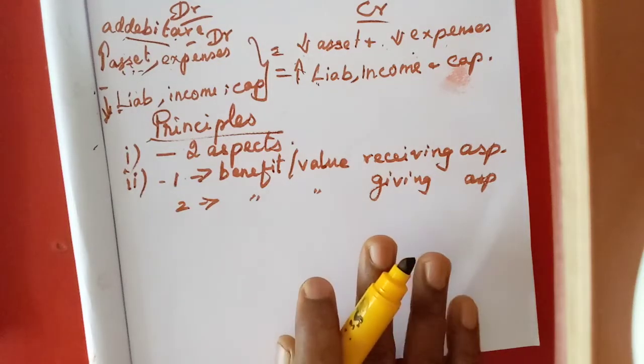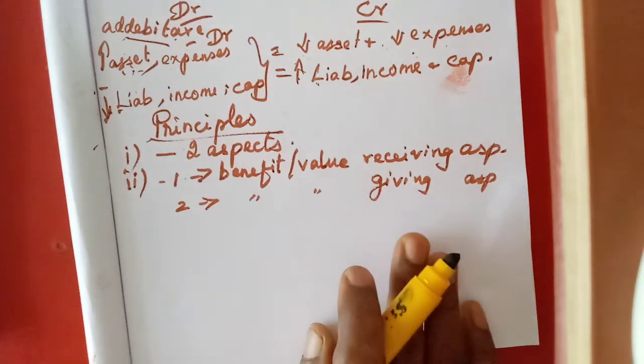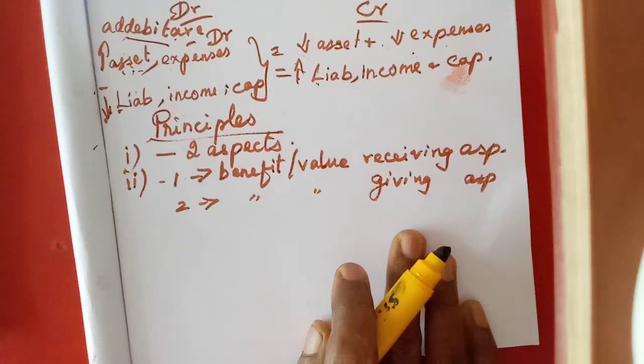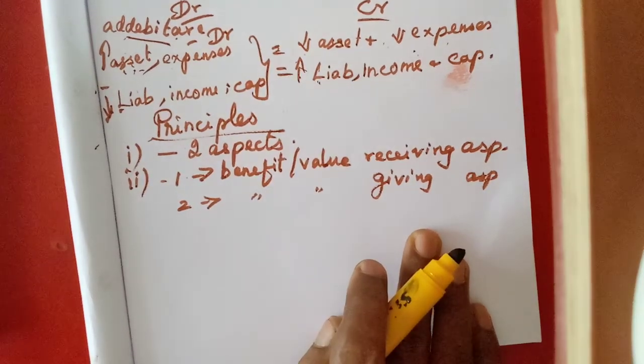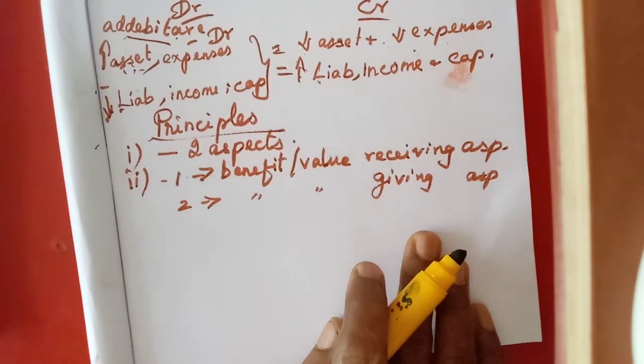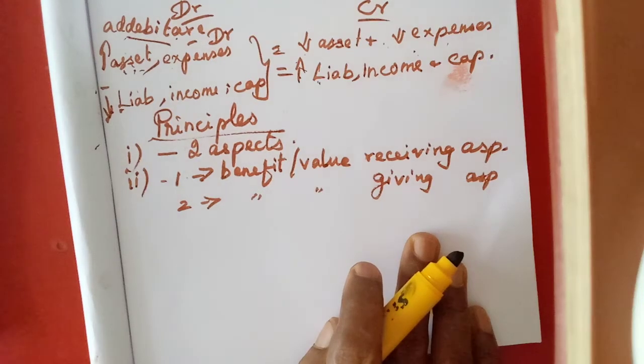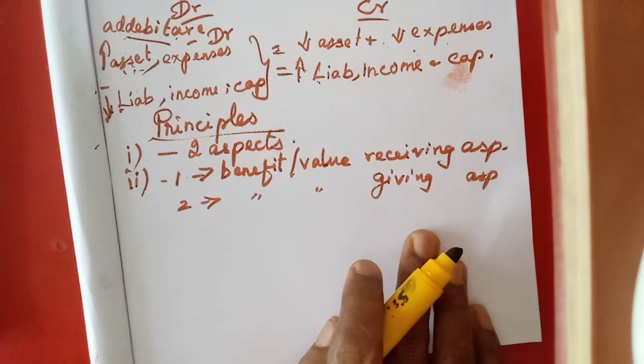So we receive something and we pay something. When we go in a bus, there we get a service, not only goods, service also included. We go to the doctors and we get service, or we get some advice from them. For that we pay something.